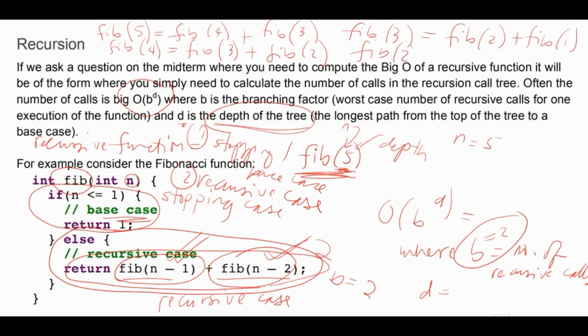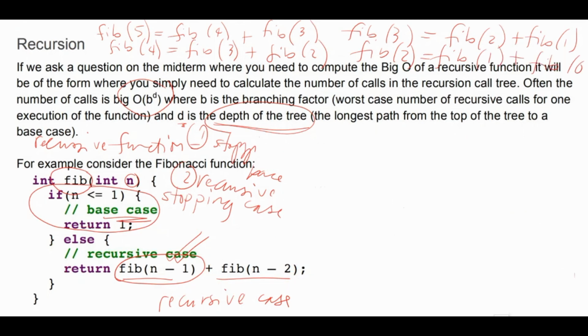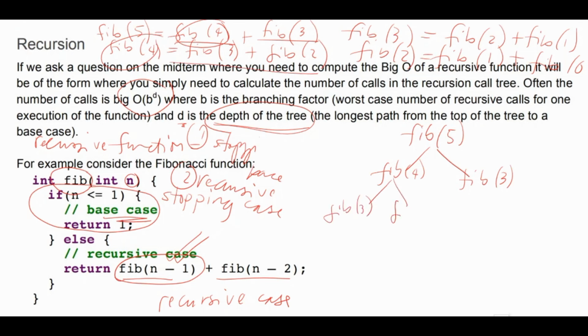And fib2 is fib1 plus fib0. So the root original call is fib5, and then it branches into 2. You have this and this. So you have fib4 first call and then the next call. And then this one is fib3 and this is fib2, right?